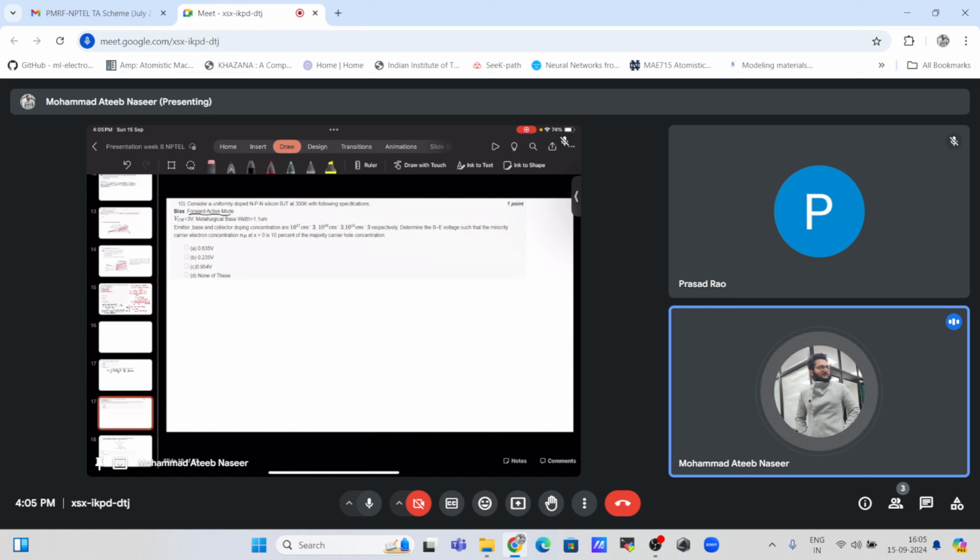This is the normal mode for the BJT, and the collector base bias voltage is 3 volts, and the metallurgical base width is 1.1 micrometer. The emitter, base, and collector doping concentrations are given, which are 10 to the power of 17, 10 to the power of 16, and 10 to the power of 15 for this NPN BJT transistor.